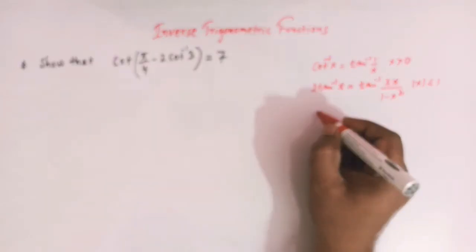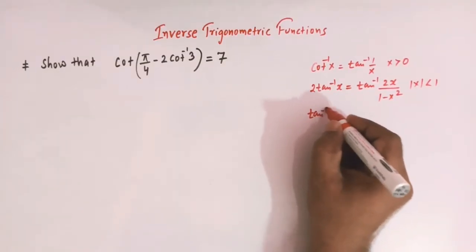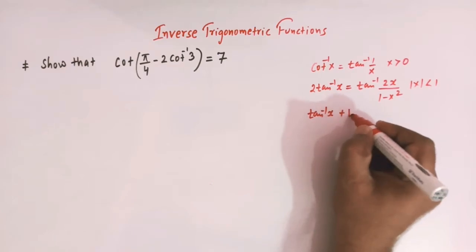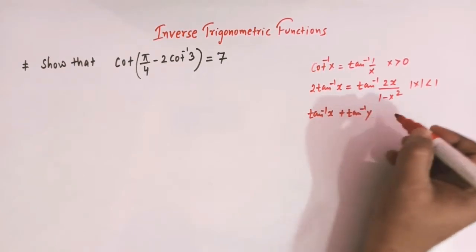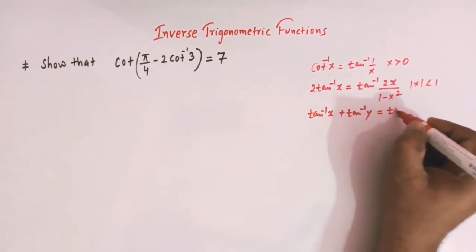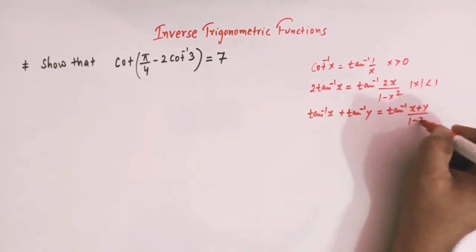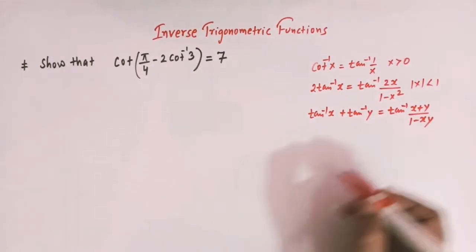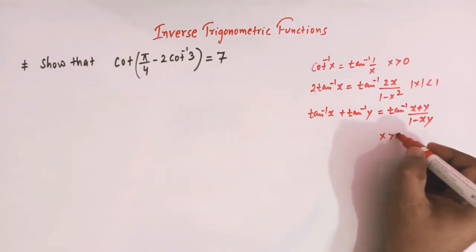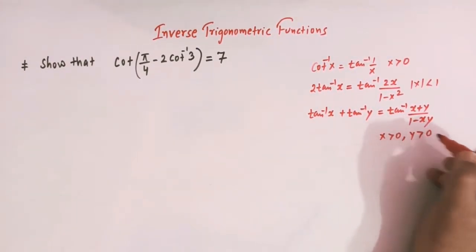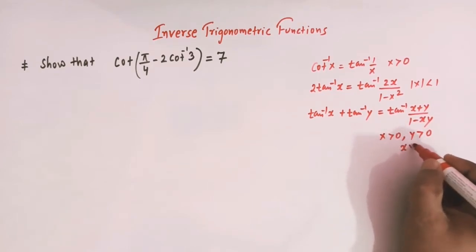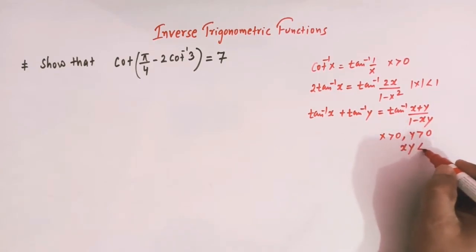And the third result is tan⁻¹ x + tan⁻¹ y = tan⁻¹((x + y)/(1 - xy)), provided that x is greater than 0, y is greater than 0, and the product of x and y is less than 1.